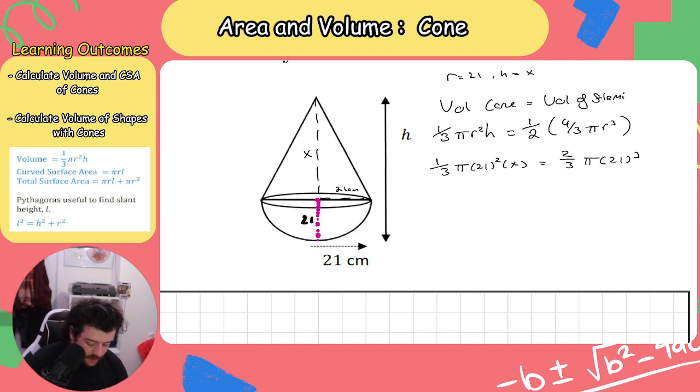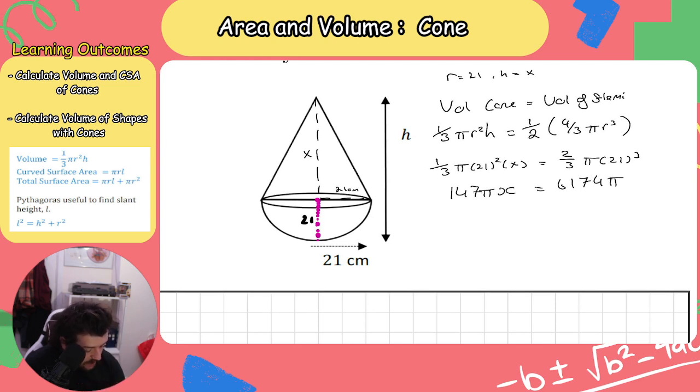So let's sub this in. I have 147πx is equal to 6174π.